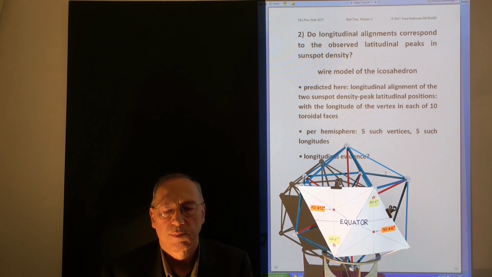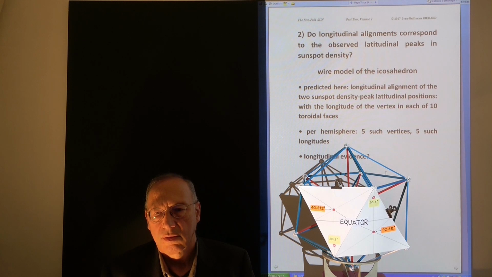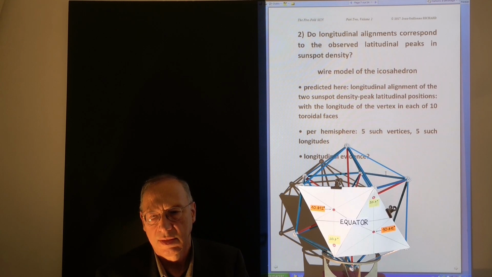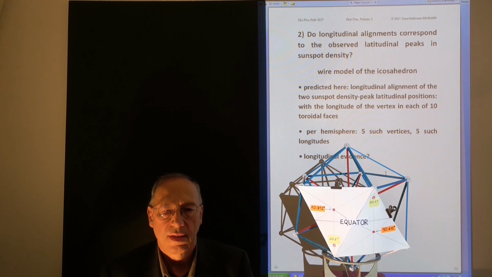This is what is predicted according to the icosahedral model, which was found in the previous video to be consistent with the observations of the characteristic latitudes that were just cited, 10.8 degrees and 20.9 degrees.